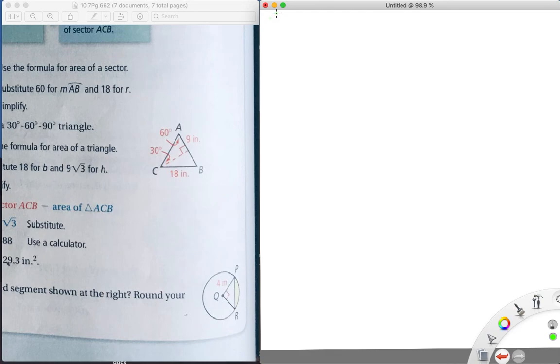So first things first, let's get the area of the sector. Since it's a 90 degree sector, it's going to be 90 over 360, which is 9 over 36, which is 1 over 4.